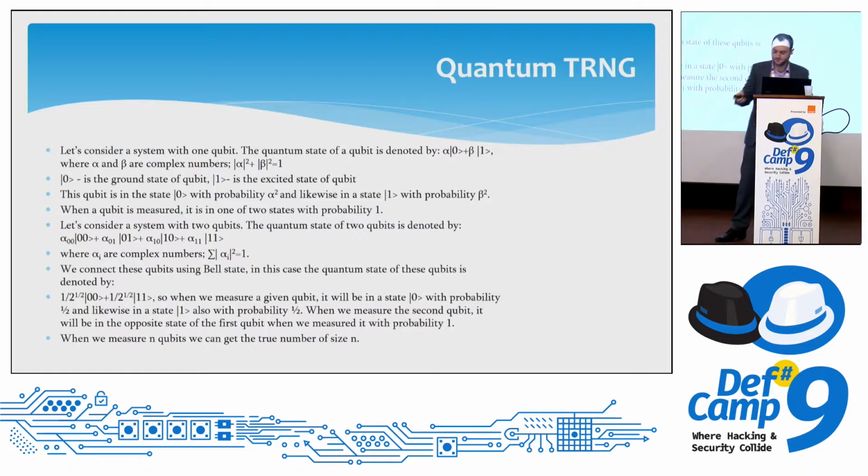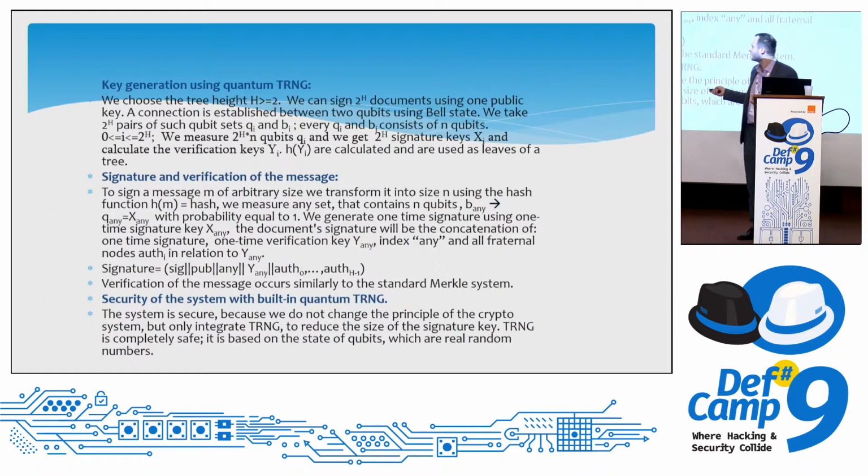So what do we do? For key generation, we take the tree of height h, and we can sign 2 to the h documents using our public key. We connect two qubits using the Bell state.